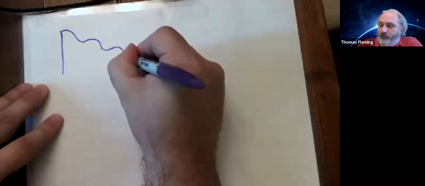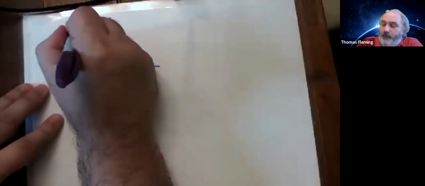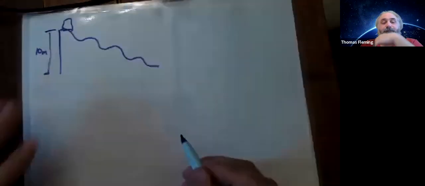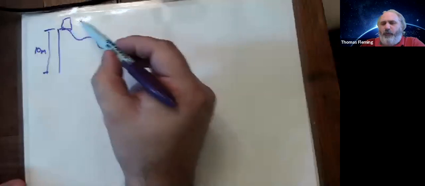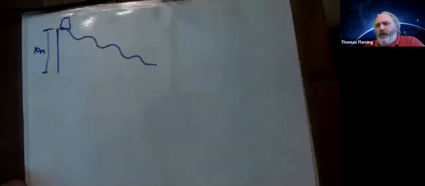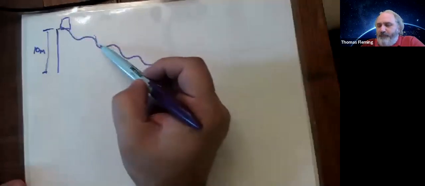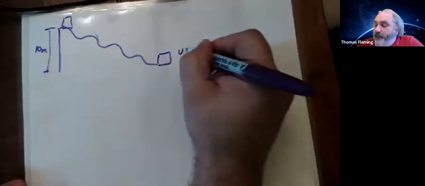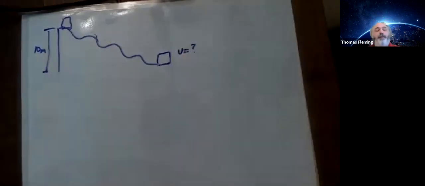What if instead of it being a straight line ramp, I put my box 10 meters high and I allow it to slide kind of like one of those fun water slides at the water park. So it's going to slide frictionlessly over this weird bumpy shape. And I still want to know the same answer. When it gets down to the bottom, how fast is it going to be going?